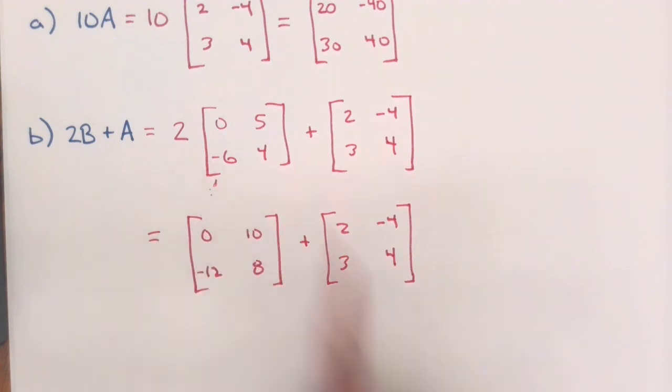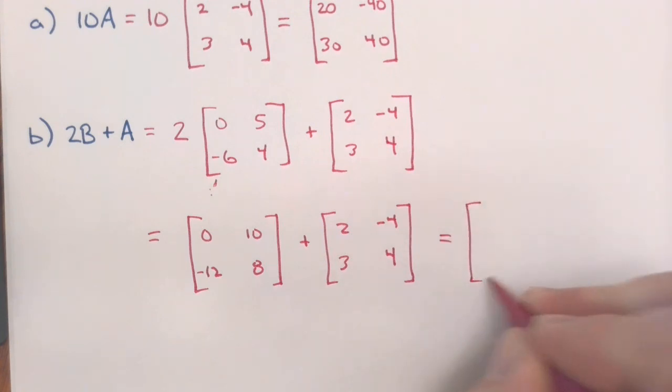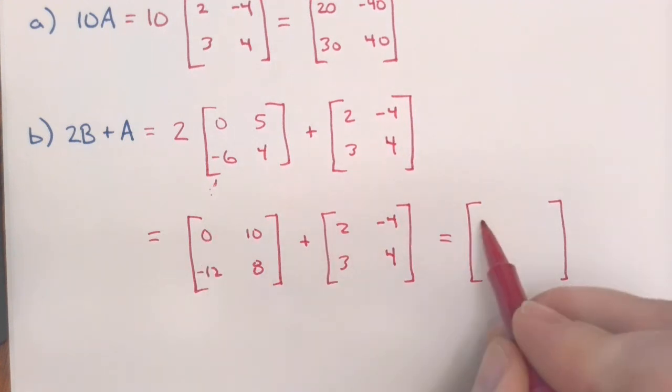So I did 2 times the matrix, and now we're going to do an addition step with these two matrices. It is a 2 by 2 plus another 2 by 2. They're both the exact same size, so I will be able to do the addition there. I just need to go through position by position and add the two matrices together. So in the upper left-hand corner, 0 plus 2 is 2.